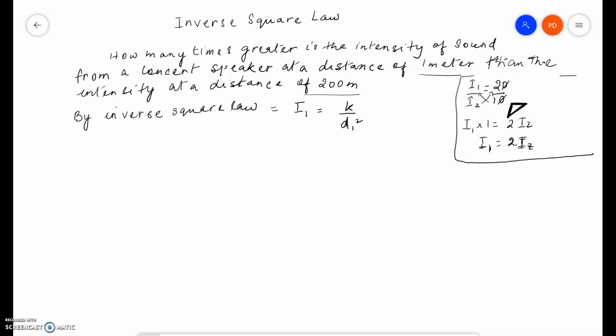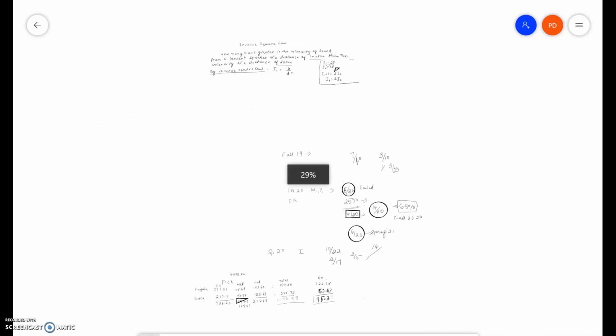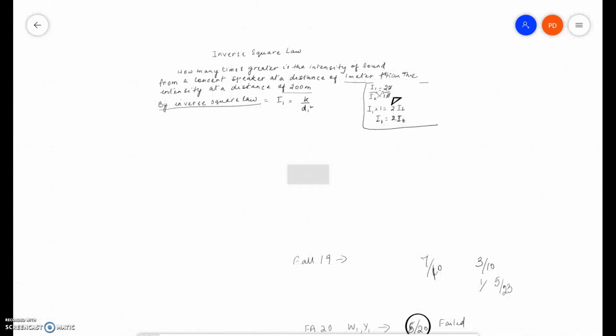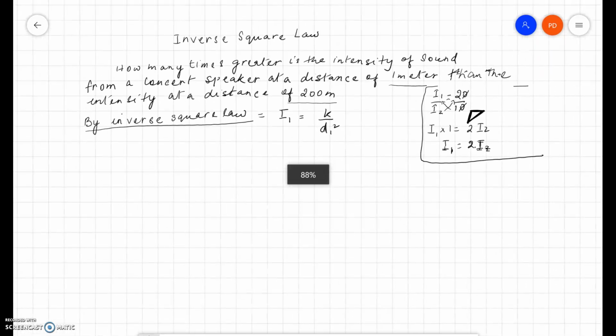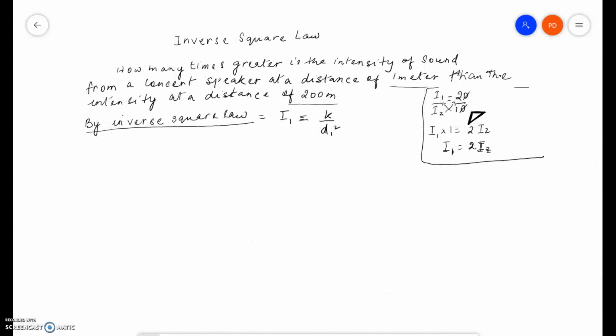So what we need to do is exactly the same thing here. But let's start off by looking at the inverse square law. The inverse square law says that the intensity of the sound is inversely proportional to the square of the distance of the speaker. So what that means is that as the distance increases, obviously the square of the distance also increases, the intensity of the sound decreases.